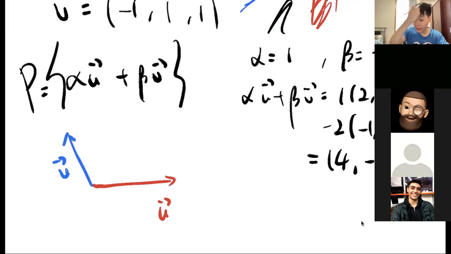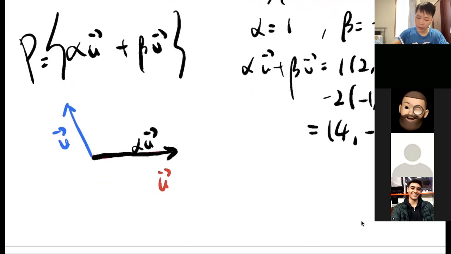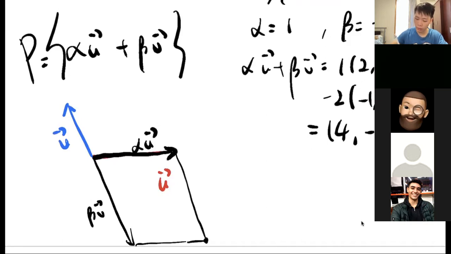In this case alpha is 1, so this is alpha u. And beta is -2, so you go to the other side and stretch it by twice. So the result is the point here.